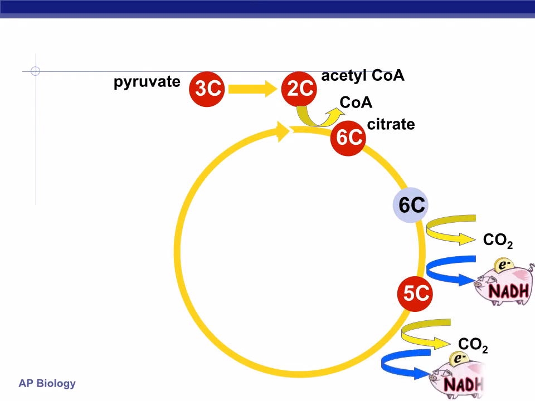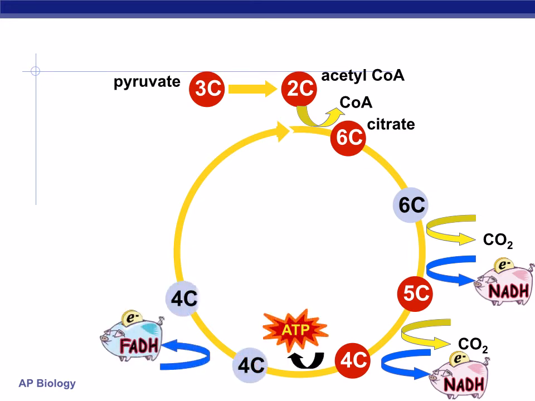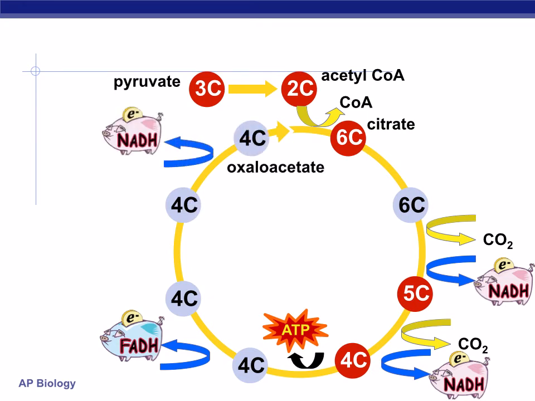This will undergo a series of steps where you have further decarboxylation and dehydrogenation to eventually form oxaloacetate again. So you have electron carriers called NAD being reduced, and then 1 molecule of ATP is formed here.